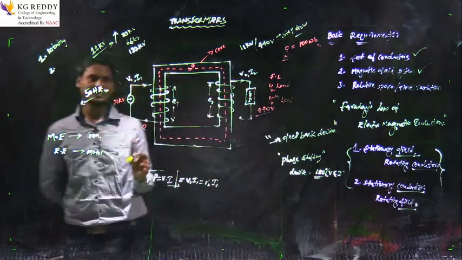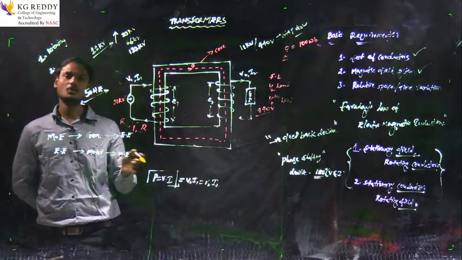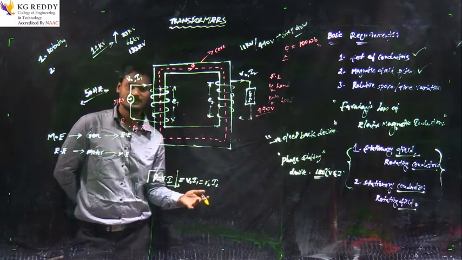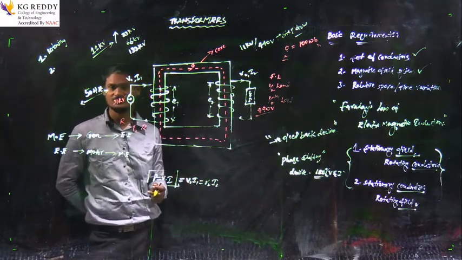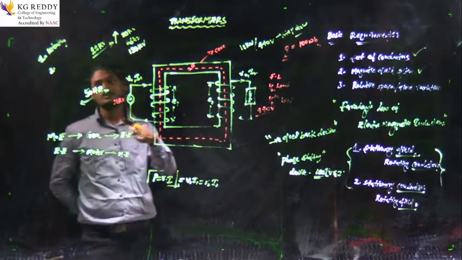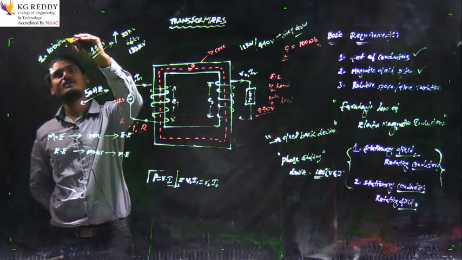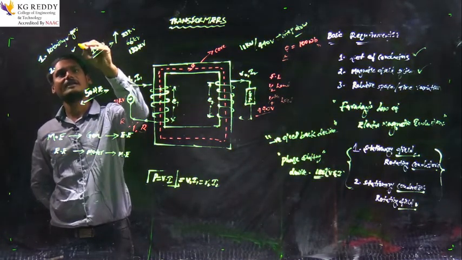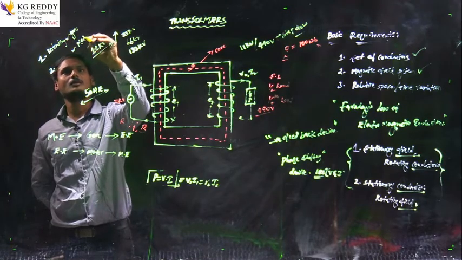So, whenever a current carrying conductor is placed in a rotating magnetic field, the conductor will experience a force. Now, that force will be the mechanical output. And the two principles I said here, the first will be the best suitable for the generators and this is the best suitable for the motors.